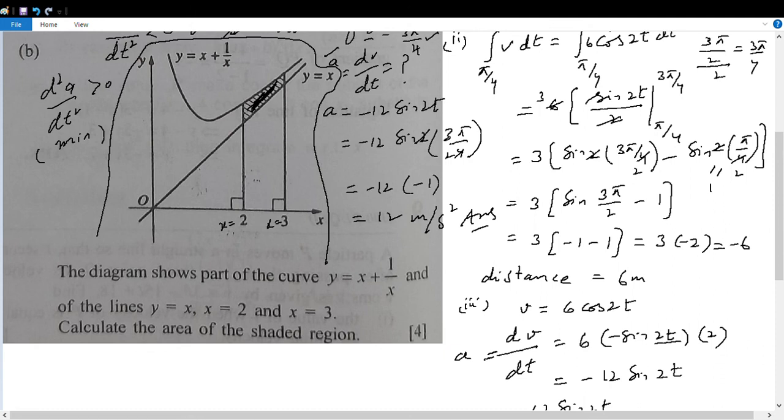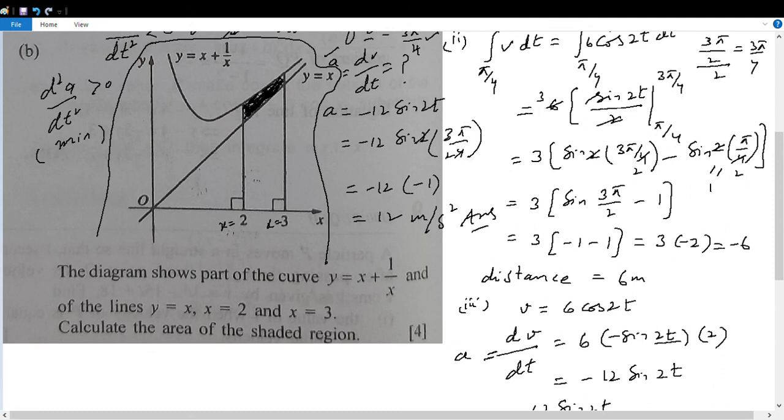Obviously, whenever you find the area of the shaded region, you use the concept of integration. So let's use integration. This is the curve. You will integrate it, and you will subtract the area which is coming under the line.